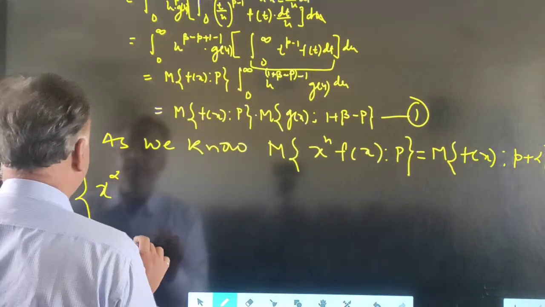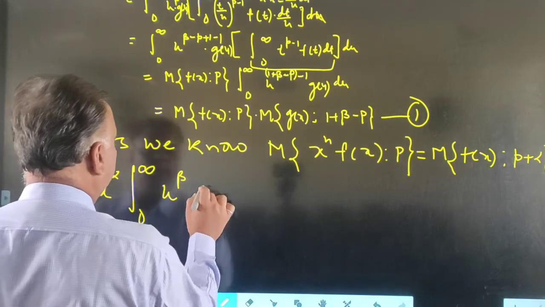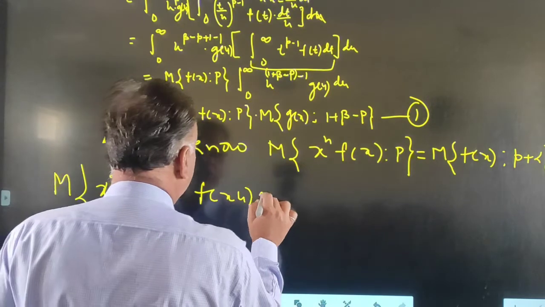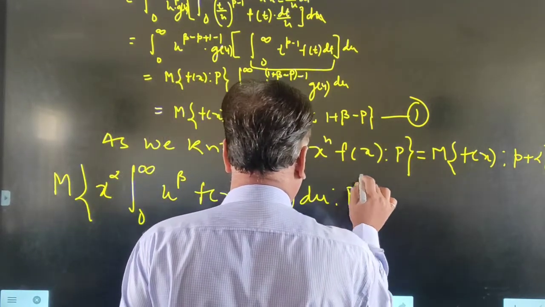The Mellin transform of x raised to alpha times the integral from 0 to infinity of u raised to beta f(xu) g(u) du with respect to p.